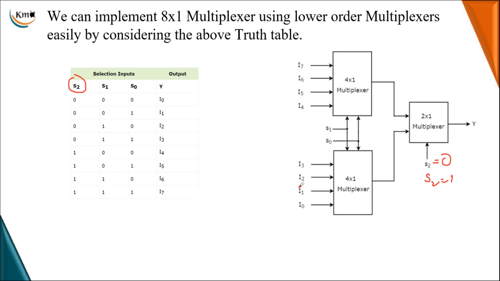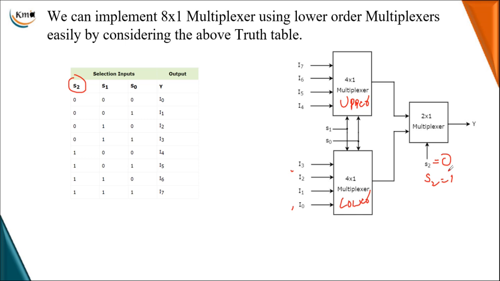As it is an 8 by 1, the first 4 inputs I0 to I3 are connected to the lower multiplexer, and the remaining higher order inputs I4 to I7 are connected to the upper multiplexer.